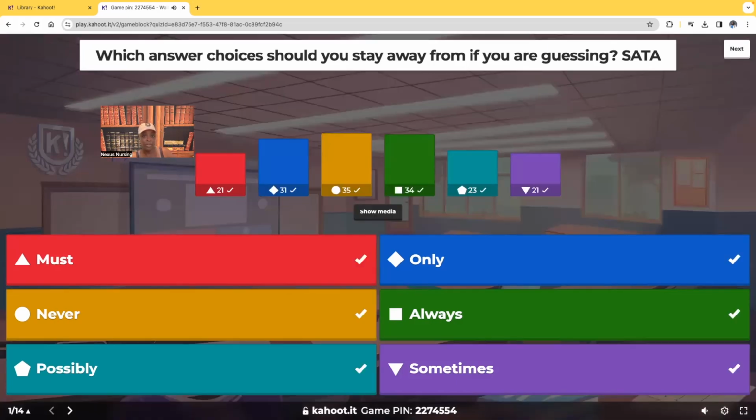Okay, this is interesting. Let's talk about this, all of them, guys. If you have no idea what the answer is, do not choose an answer that includes an all-inclusive word such as only, always, never. Stay away from those, unless the question is asking you which one's the wrong answer, okay? So you want to stay away from all-inclusives, but you also want to stay away from wishy-washy answers.